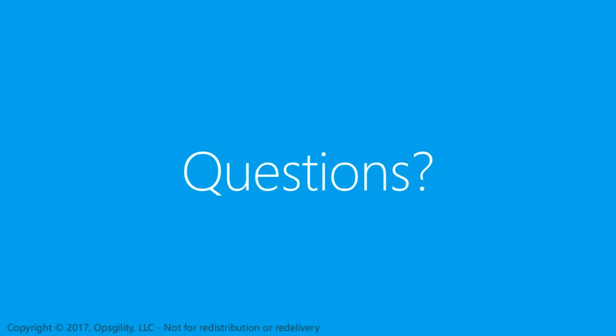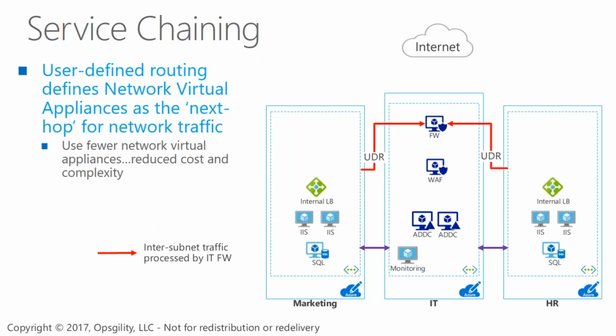I showed a diagram earlier. In fact, let me get back to it real quick. We still have a couple of minutes here. Here it is. You see in this example, service chaining. Here in the IT department, the firewall is deployed and the other peered VNets are using it.